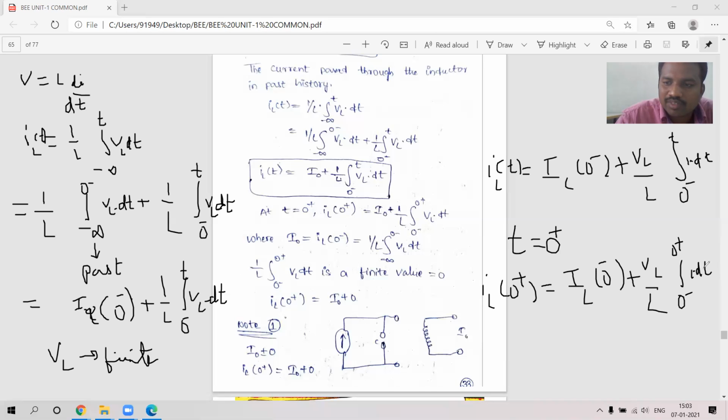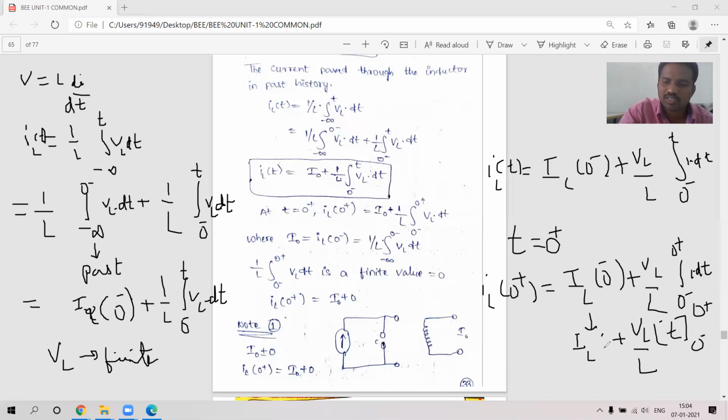The integral of 1 dt is t itself, and if I substitute the limits, upper limit minus lower limit, 0 plus minus 0 minus, this term becomes 0.